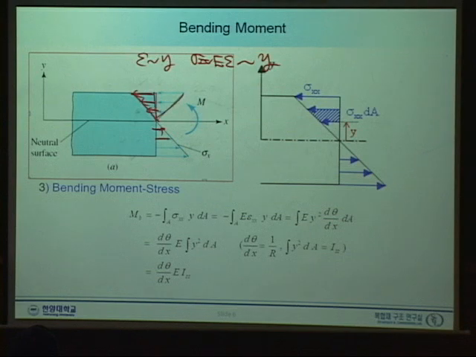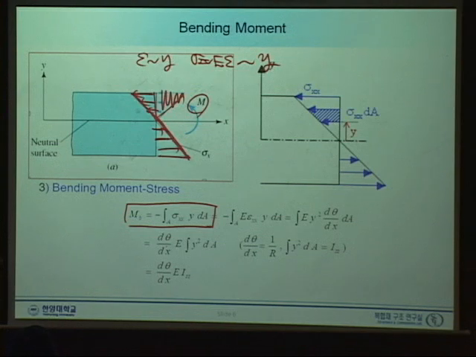Anyhow, the stress is proportional to this way, and those stresses are caused by this bending moment M.